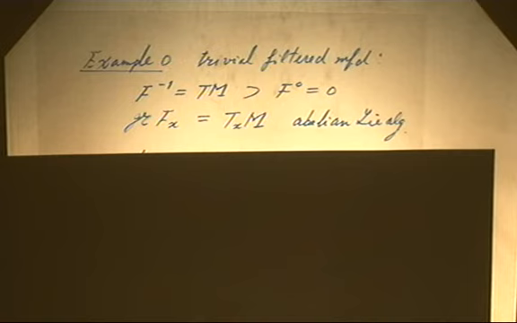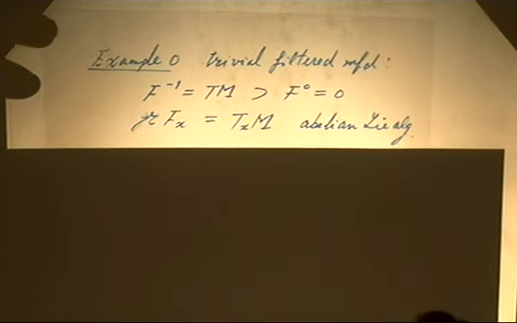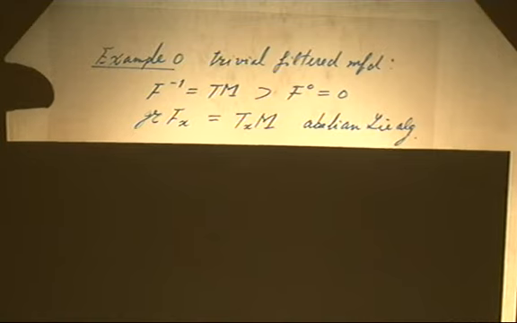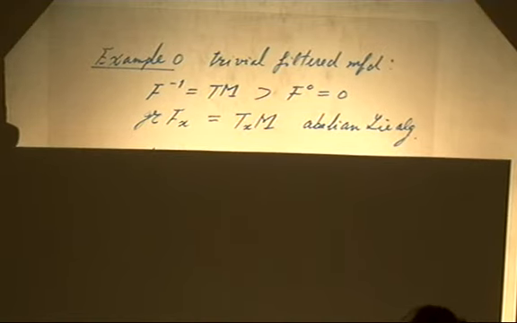In this case, gr F_x is nothing but the tangent space itself regarded as an abelian real algebra. So the trivial filtered manifold is a filtered manifold with the symbol algebra being the abelian trivial graded real algebra.